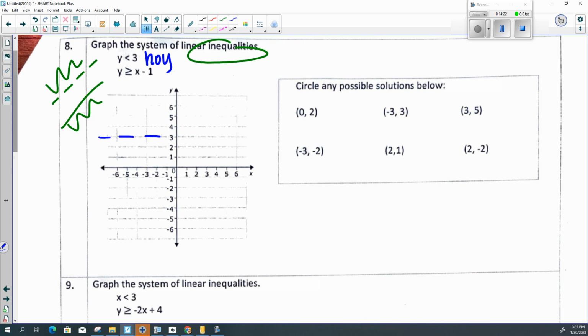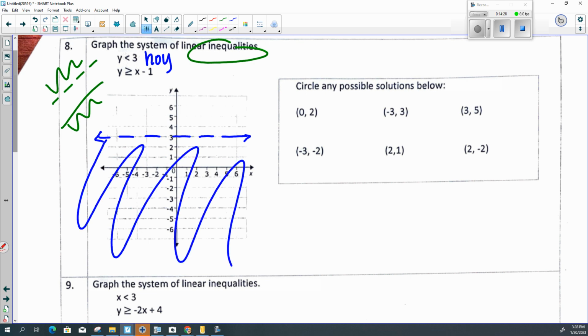It is dashed because it just says y is less than. This one has a y-intercept of -1 and a slope of rise 1, run 1. And it is solid. And it says y is greater than.